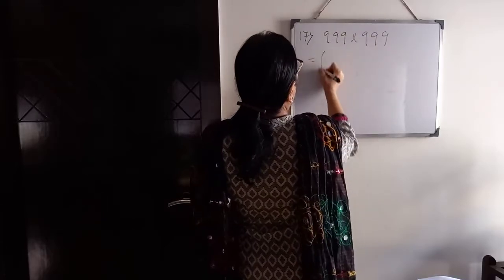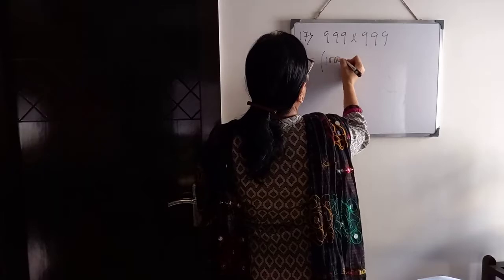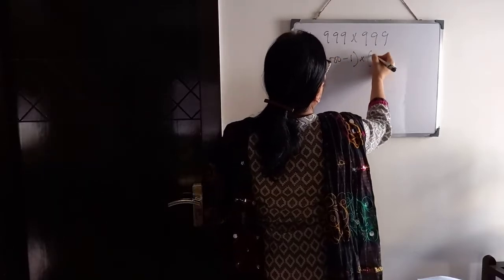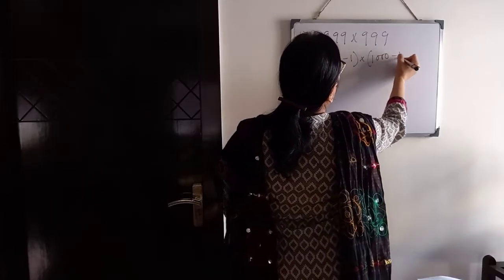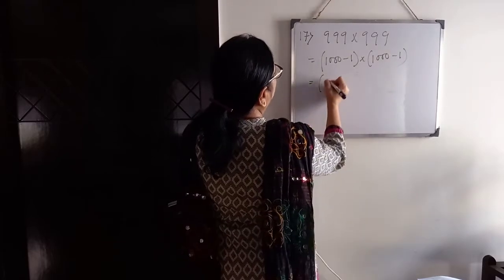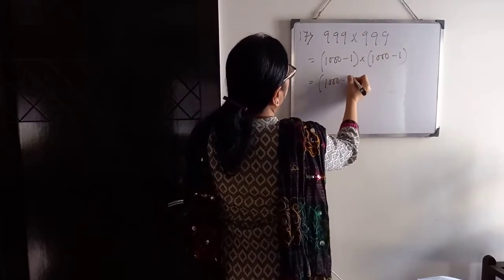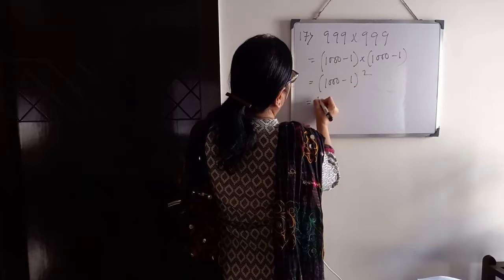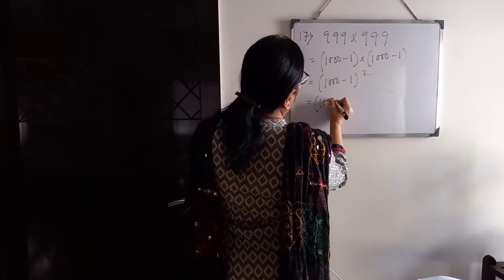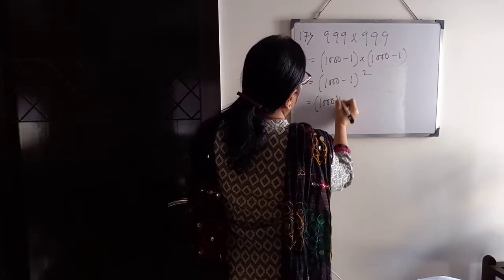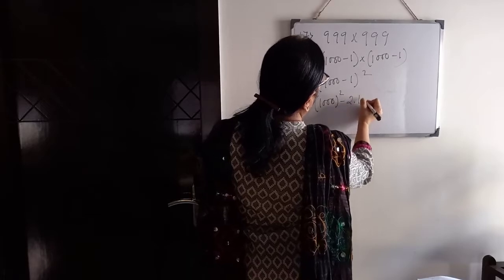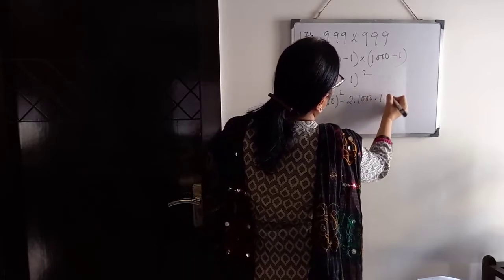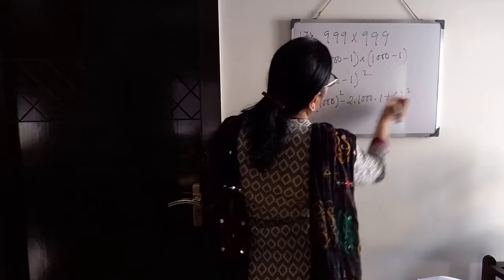So here also we can write in that form 1000 minus 1 into 1000 minus 1. Then it will become whole square. Twice it is coming. Then a minus b whole square formula. So 1000 whole square minus 2 into 1000 into 1 plus 1 whole square.